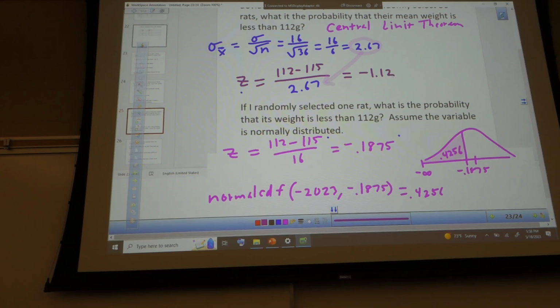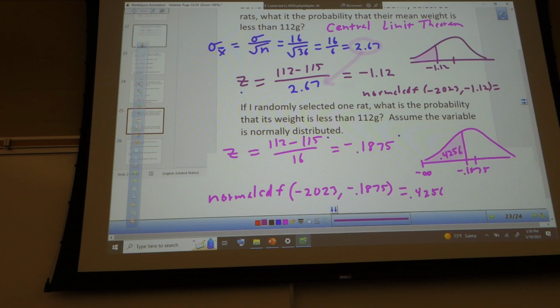All right. So again, I'm going to do my little picture here. That's a little bit further away, right? Negative 1.12. So it's a much smaller area. So when I do normal CDF, negative 2023 again, but now my other end at negative 1.12.